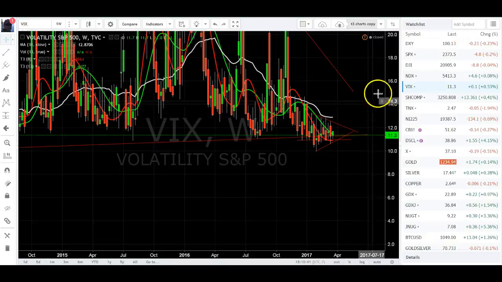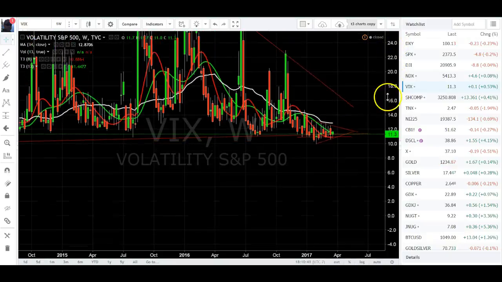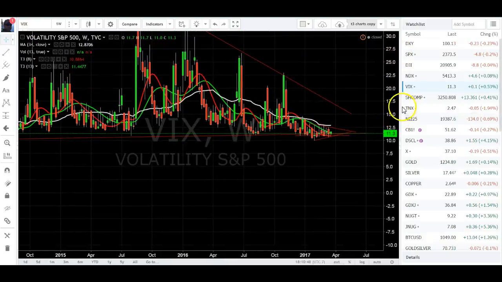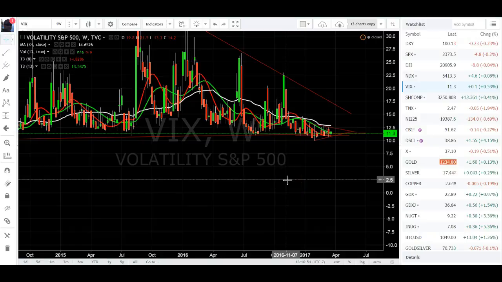Let's get it above the 34. See how this thing blasts into resistance. And we'll see the reaction from the indices after that. VIX is coming from the bottom and all the indices are coming from the top.